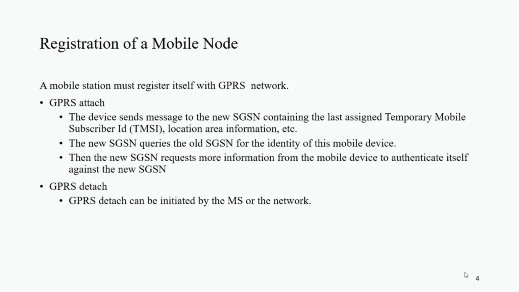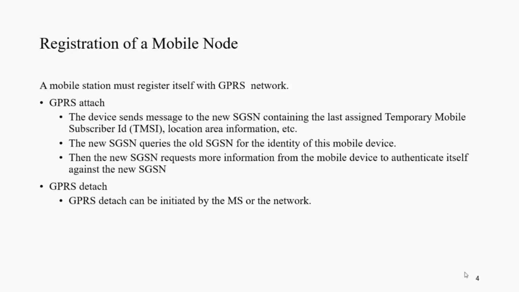Suppose the user was in another cell, then this SGSN requests the previous SGSN for a subscription check, and if the registration is valid, resources are allocated to the user. In this request, the mobile station sends its temporary mobile subscriber information, also called TMSI.